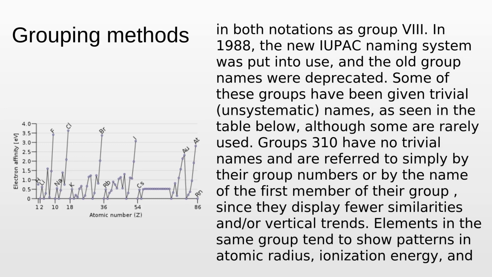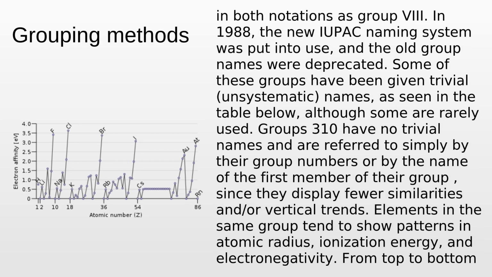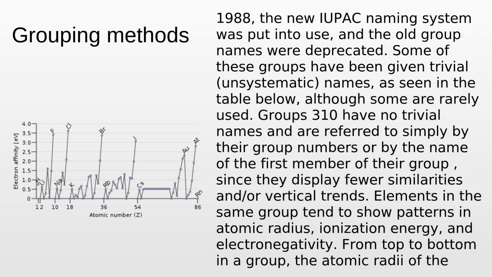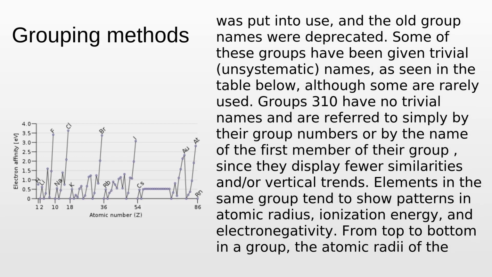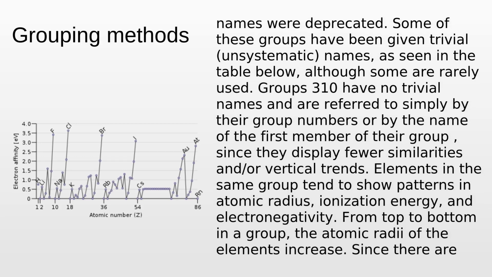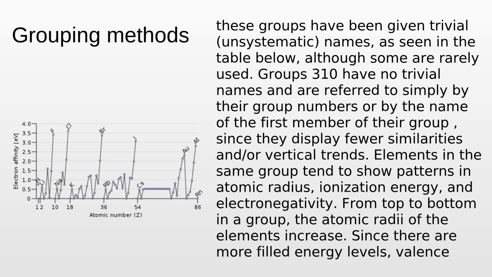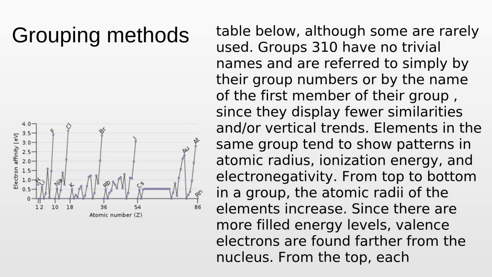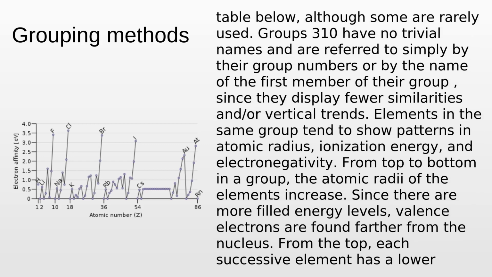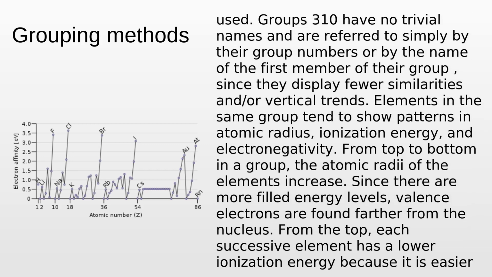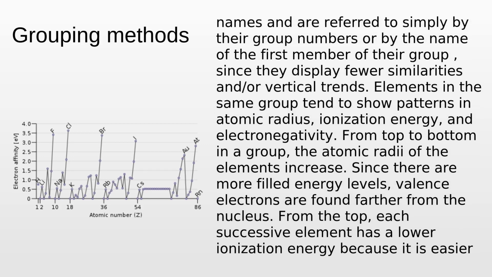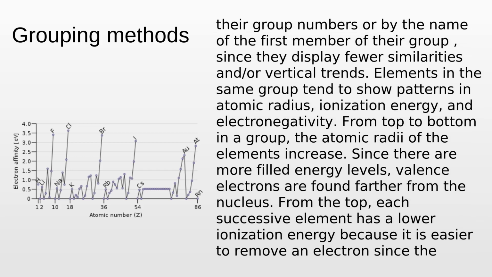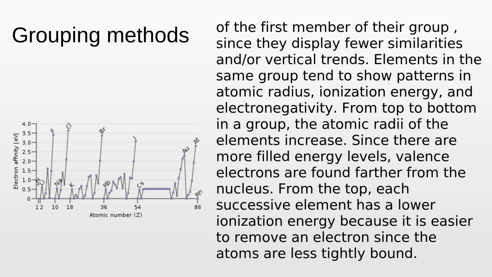In 1988, the new IUPAC naming system was put into use, and the old group names were deprecated. Some of these groups have been given trivial, unsystematic names, as seen in the table below, although some are rarely used. Groups 3 to 10 have no trivial names and are referred to simply by their group numbers or by the name of the first member of their group.